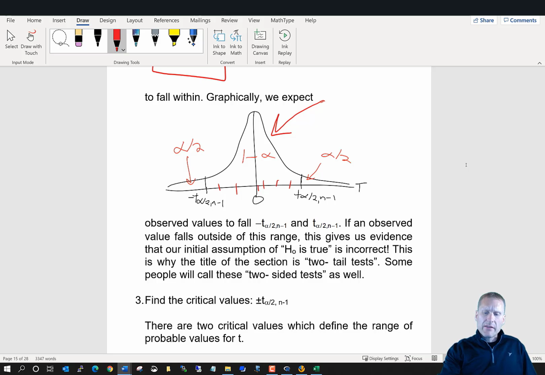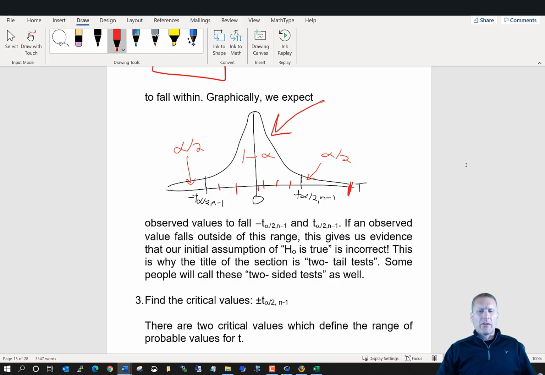But instead, let's say we had a test statistic fall way out there. Well, that part of the t distribution has a small area underneath its curve. In other words, it's representing an unlikely region. And so because of that, that might make you think something's going on wrong here.